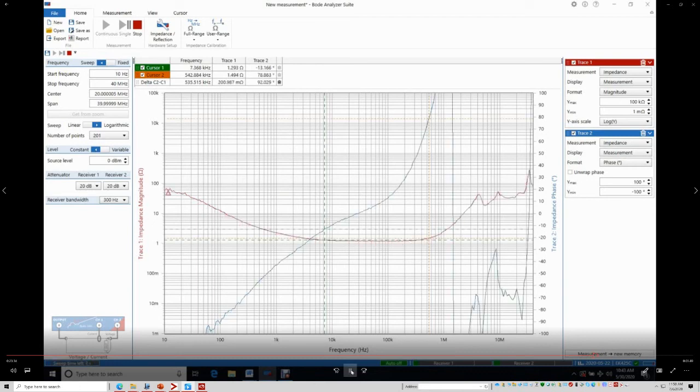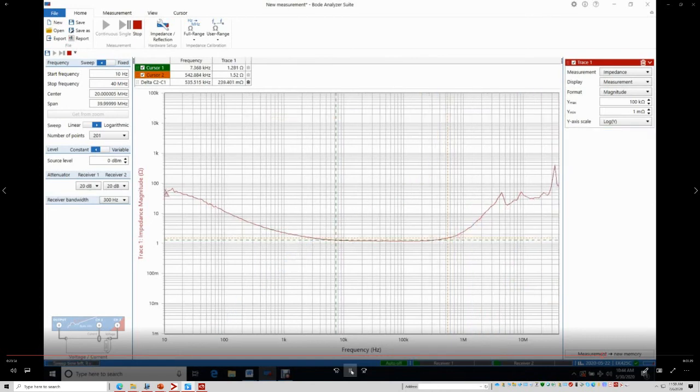Here we have the red plot. If you notice, it's in units of ohms. And then the blue is your phase. I'm interested in the ohms, so I'll take off the phase, and look at this a little bit more closely.